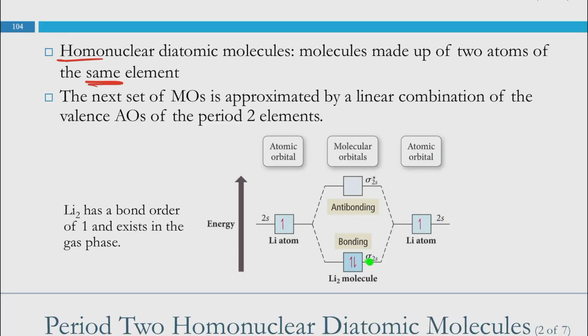So we'll have our bonding 2s, and that's a sigma bond, and our sigma starred 2s, which is our anti-bonding orbital. And based on this molecular orbital diagram, this predicts that lithium can bond with another lithium atom, and that apparently exists in the gas phase. Since lithium is normally a metal, it would just exist as a metal, which isn't really bonding in the same way.